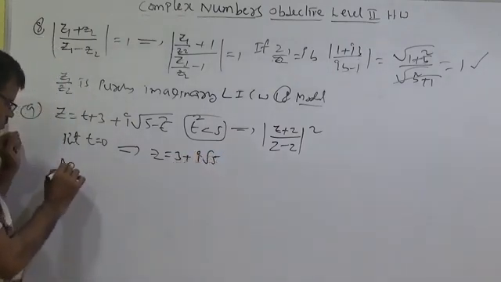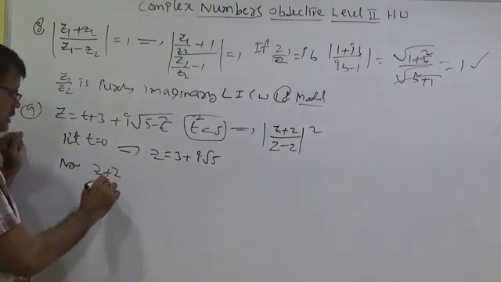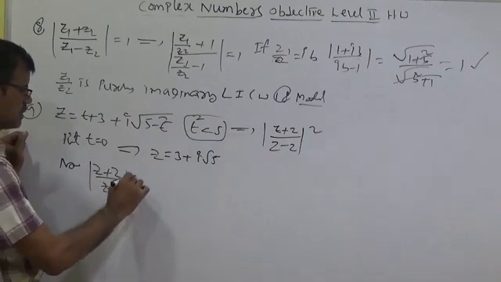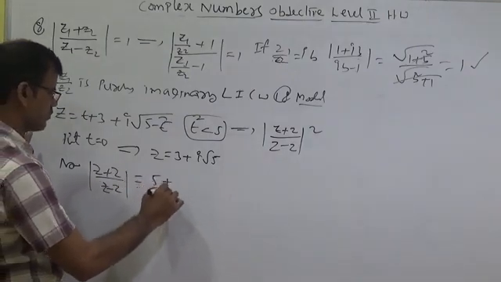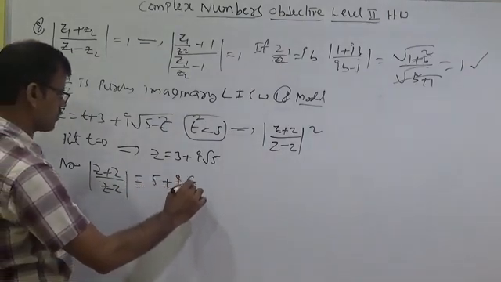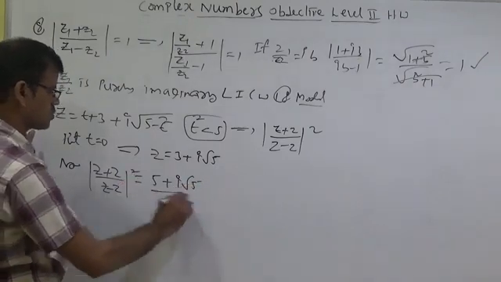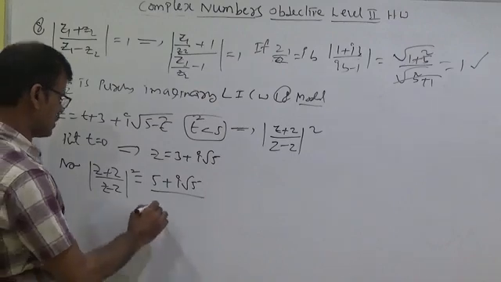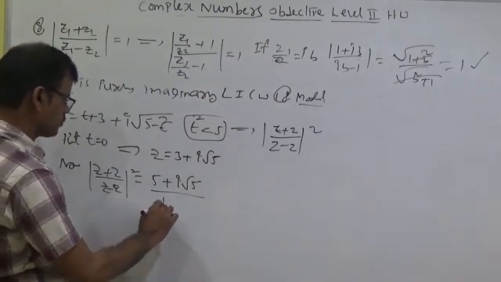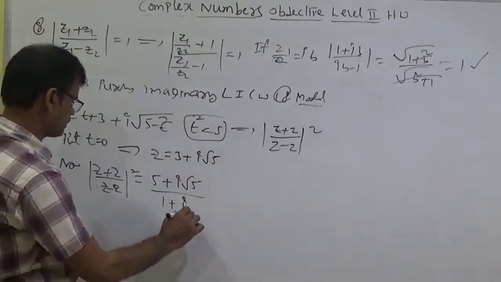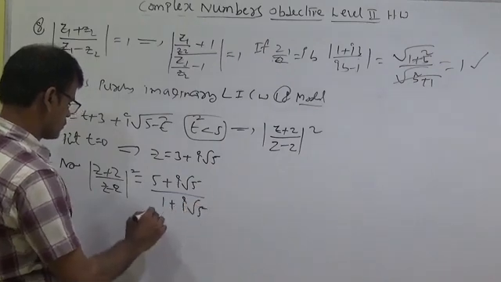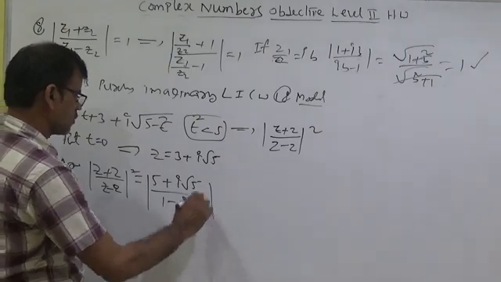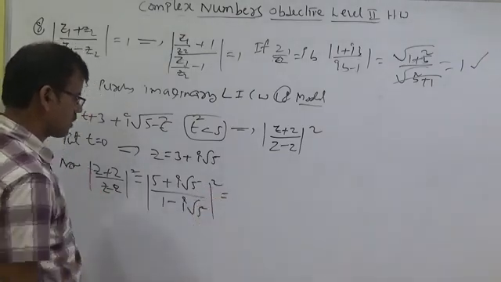Now Z plus 2 by Z minus 2 is equal to (5 plus iota root 5) by (3 minus 2, this is 2)... so (5 plus iota root 5) by 1... actually the ratio becomes 1 plus iota root 5, over 1 minus iota root 5, whole square, over modulus.